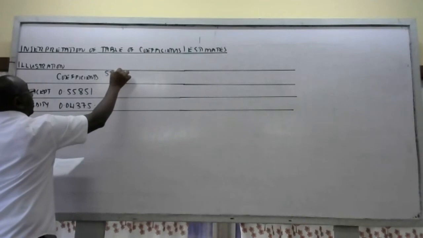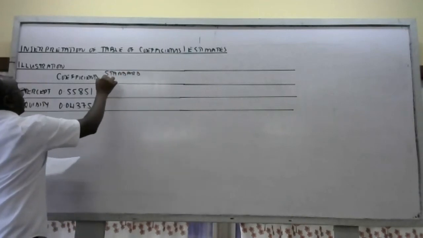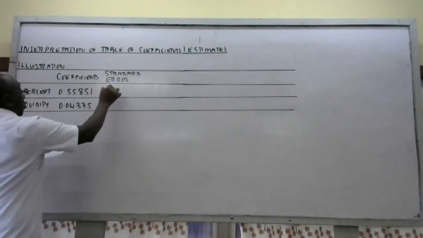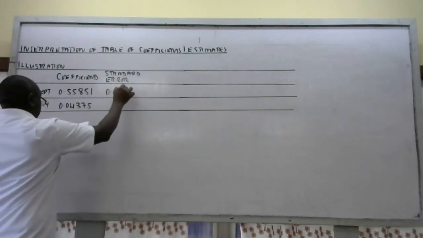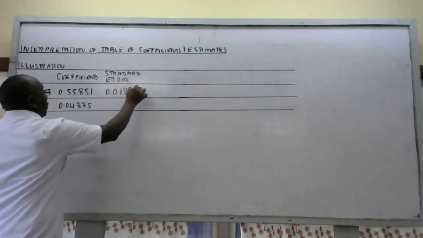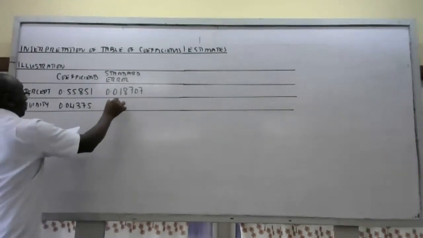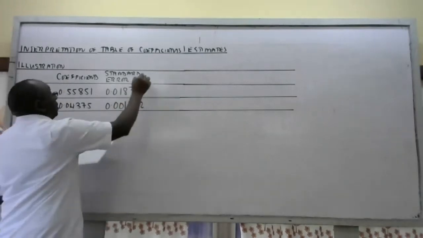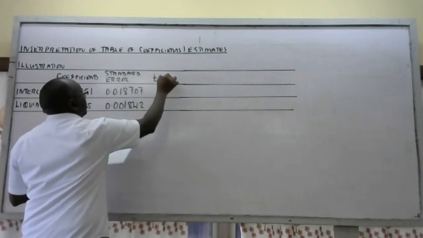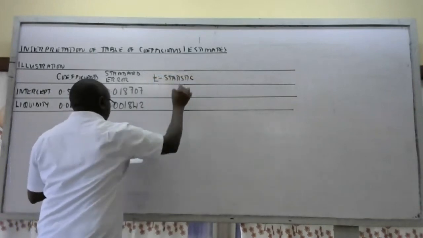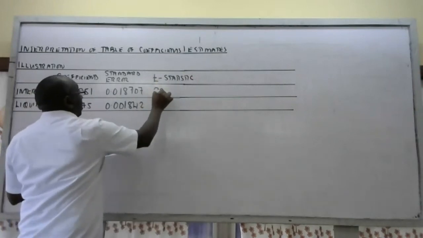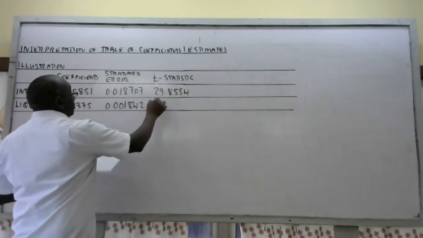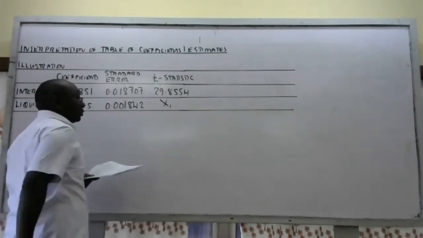So standard error is 0.018707 and 0.001842. Then we have T statistic 29.8554. This is X1.